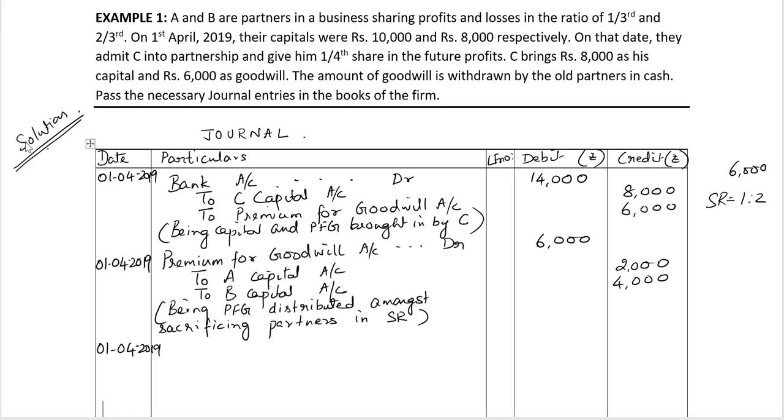The final and additional journal entry which we need to write in this specific method is for the amount of goodwill which is withdrawn by the old partners. So the full amount is withdrawn. Let's write the journal entry for that. A's capital account debit, B capital account debit, to bank.